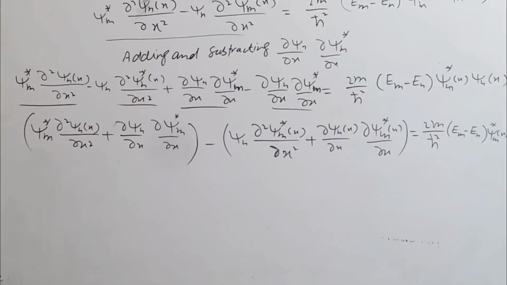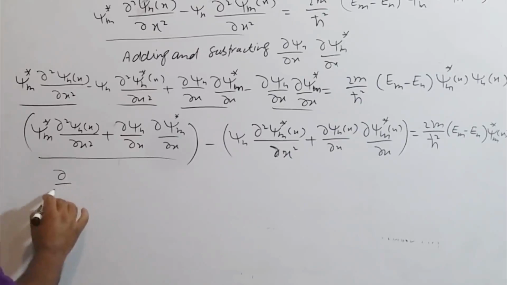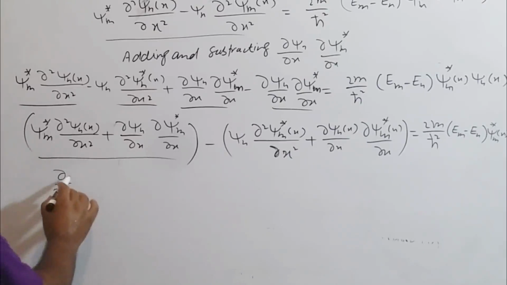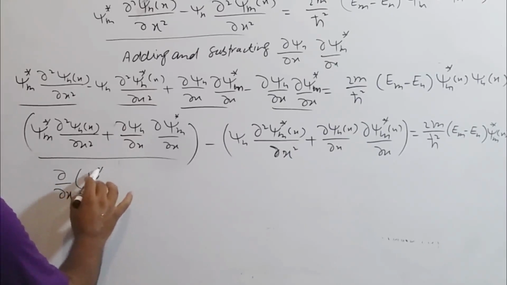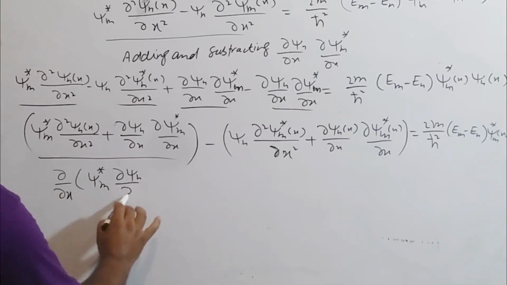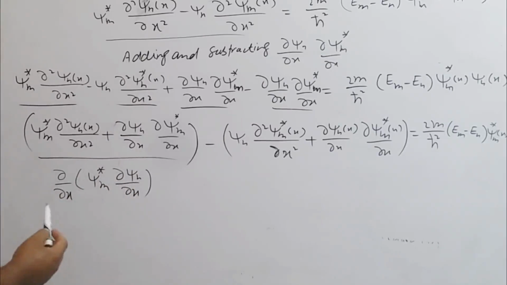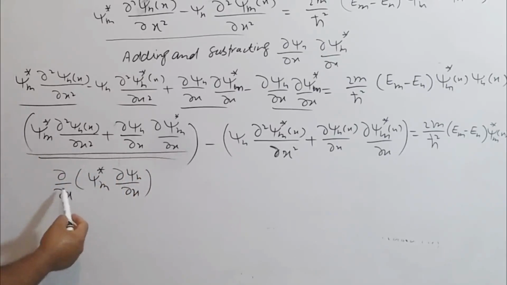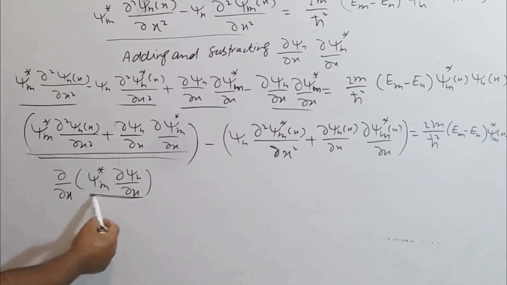Okay. Now after adding, this can be written as ∂ over ∂x into ψm* ∂ψn divided by ∂x, because these two terms are actually the partial derivative of these two factors with respect to x.